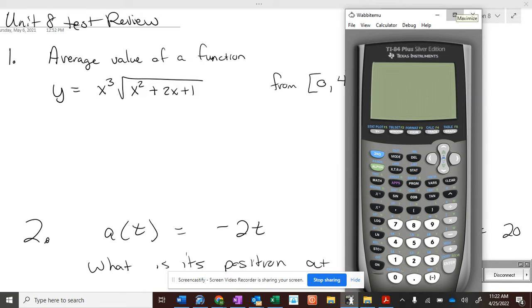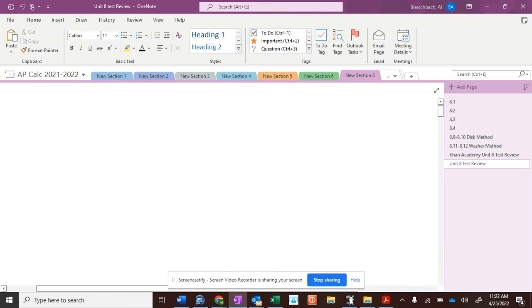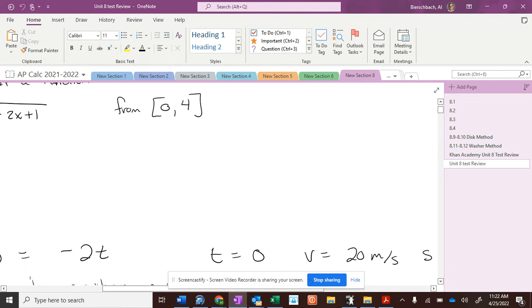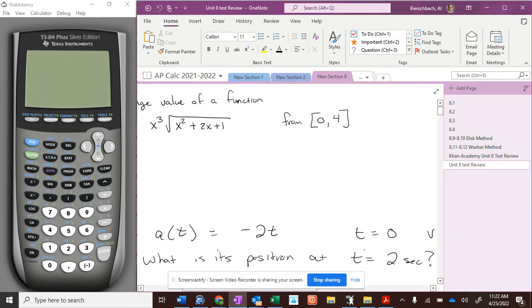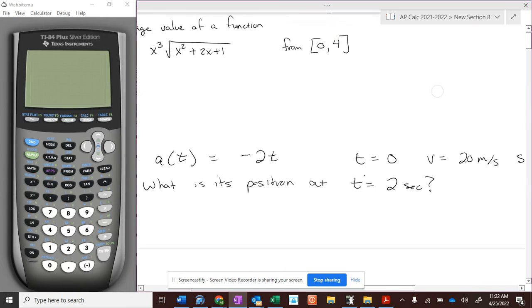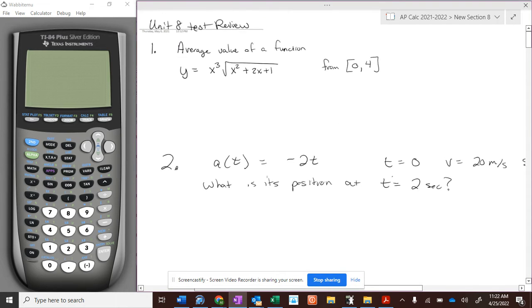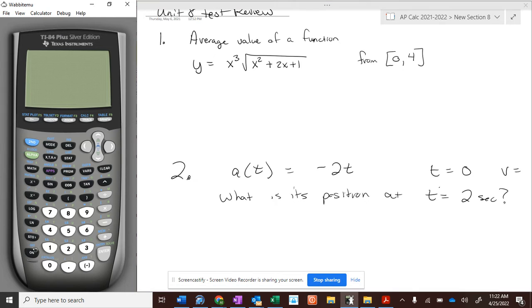Absolutely. So I'm gonna mess with my screen a little bit. There we go. All right. So, graphing calculator.